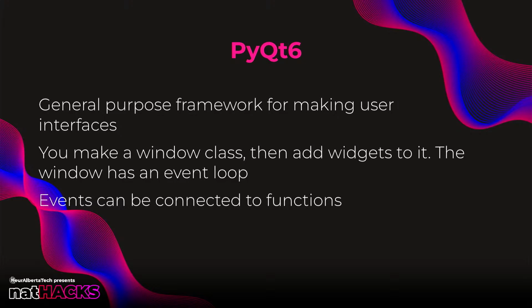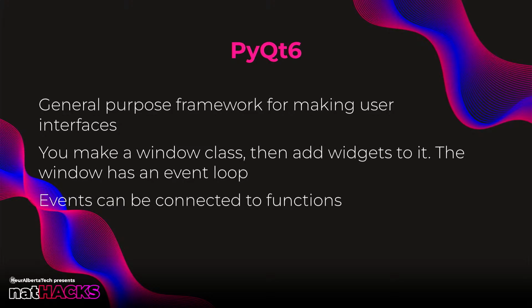And then the window itself has an event loop that it will continue to run so that it can update and run different code to react to how the user interacts with the user interface. You can connect different types of events that the user might do to different bits of code to be able to react like that.